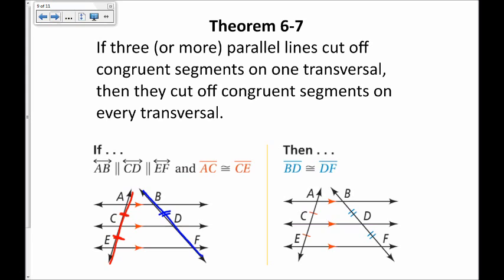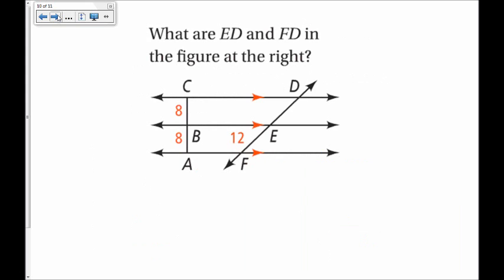So this must be congruent to this. Okay, and that's what this theorem is saying. So for example, if CB is congruent to BA, that means that this must be congruent to this. So ED must also be 12, just like EF.